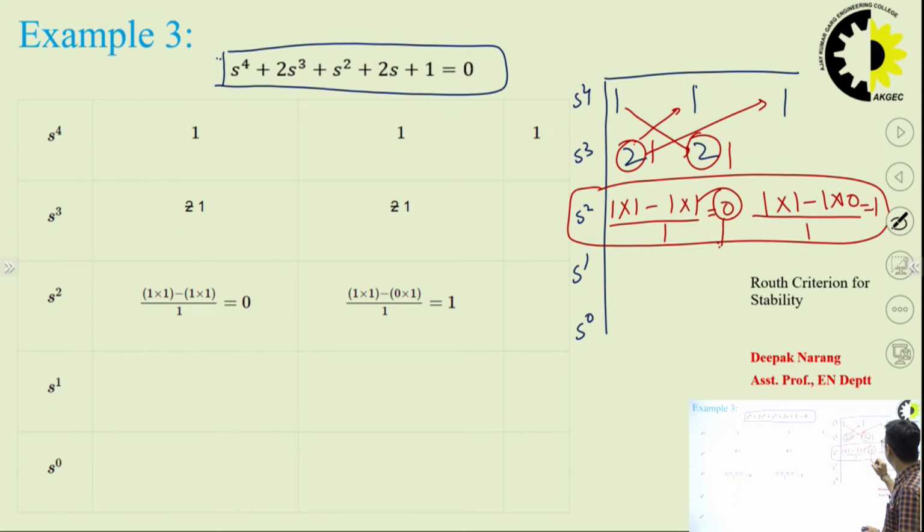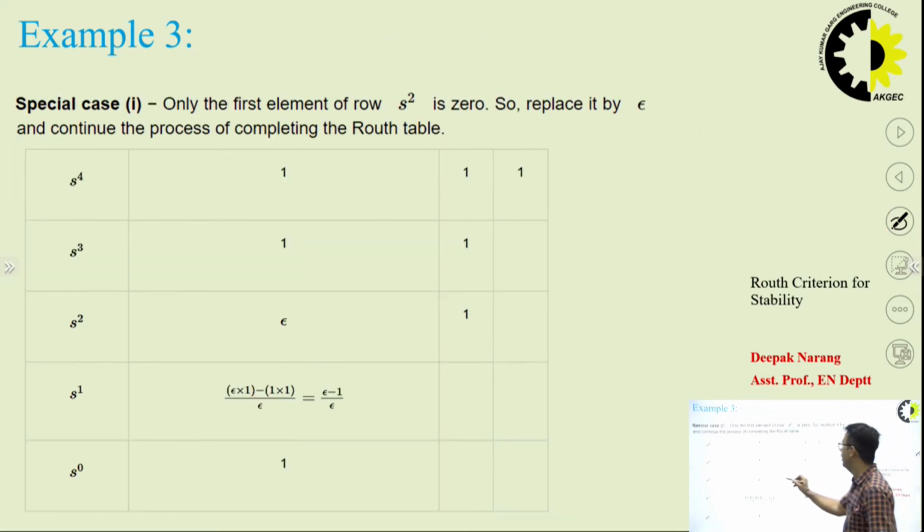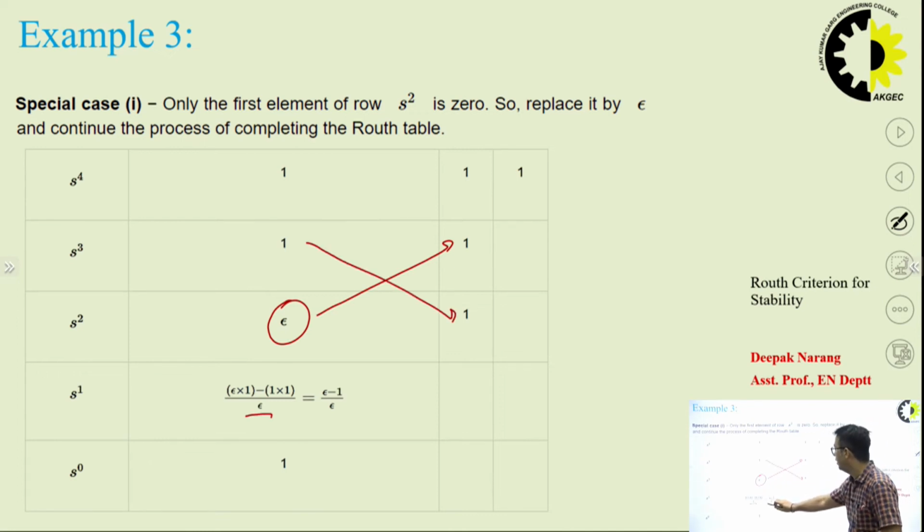Now replace this 0 by a very small number, that is epsilon. Considering this epsilon, we go on to solve the Routh criterion further: epsilon into 1 minus 1 into 1 divided by epsilon, and we get epsilon minus 1 divided by epsilon, and in the last row we get the first element as 1.